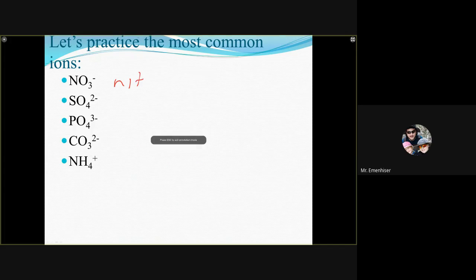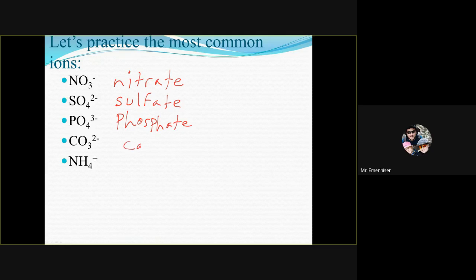This is the nitrate ion. We'll see it a lot. The sulfate ion, phosphate, carbonate, and then ammonium. Okay, so most of these are ates.